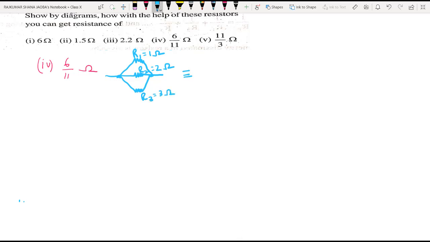We connect them in parallel. So the equivalent resistance: 1 by R equal to 1 by 1 plus 1 by 2 plus 1 by 3. So LCM 6, 6 plus 3 plus 2 equal to 11 by 6. Therefore R equal to 6 by 11 ohms.